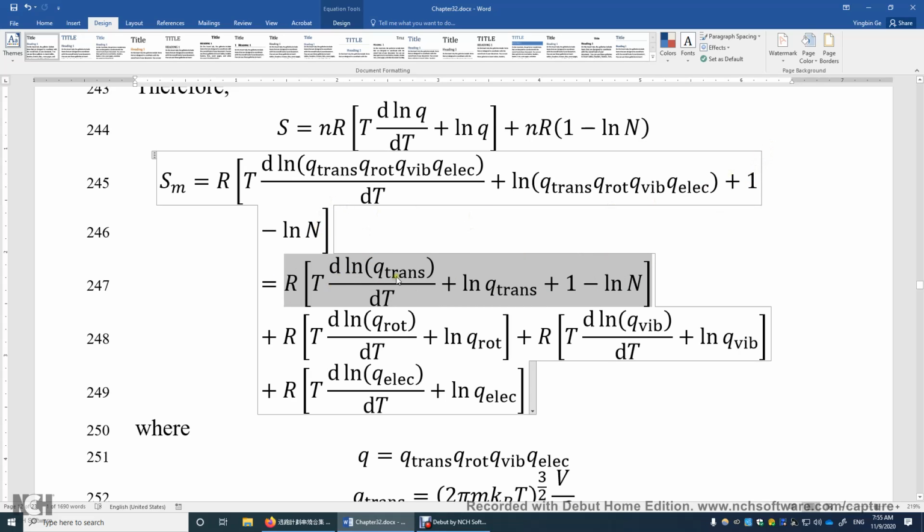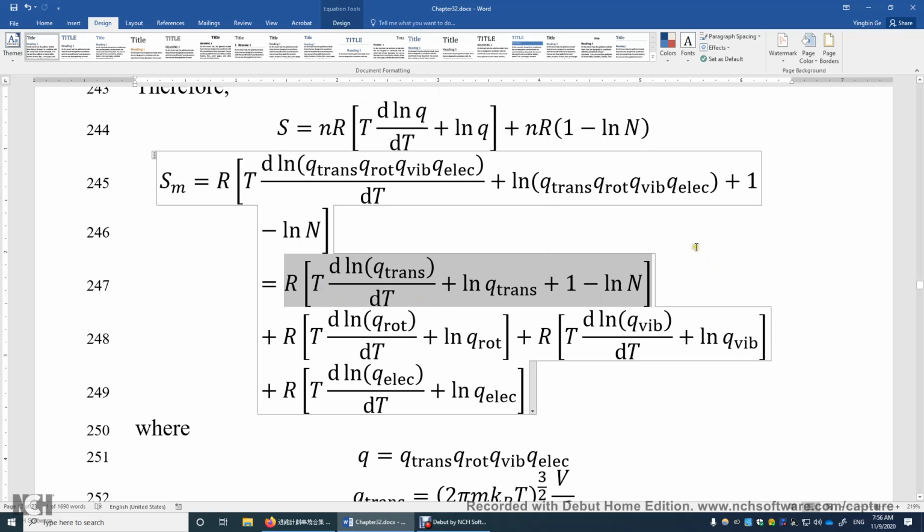I put it in this translational entropy term because all gases have translational motion. They do not necessarily have rotational motion or vibrational motion because they can be atoms. Atoms do not rotate. They do not vibrate. Therefore, we need to include this correction in the molar translational entropy just to make sense physically.